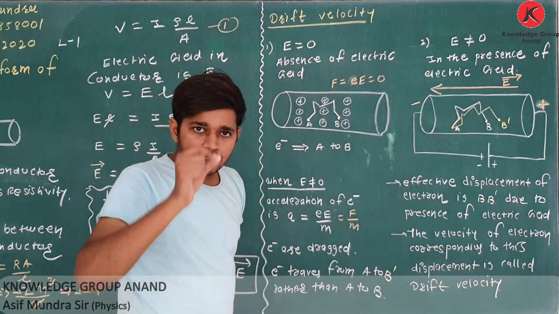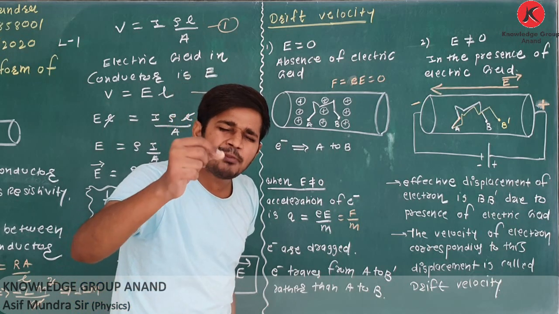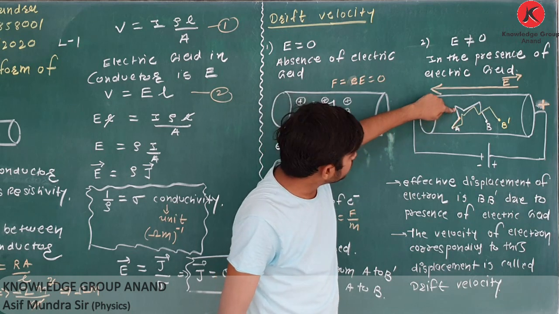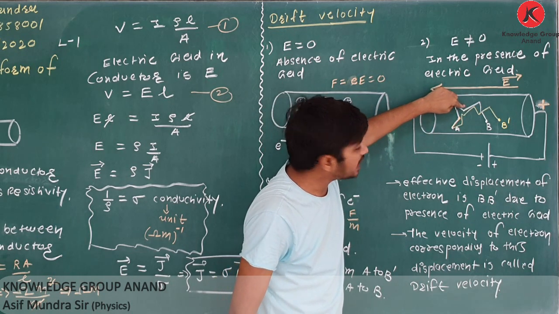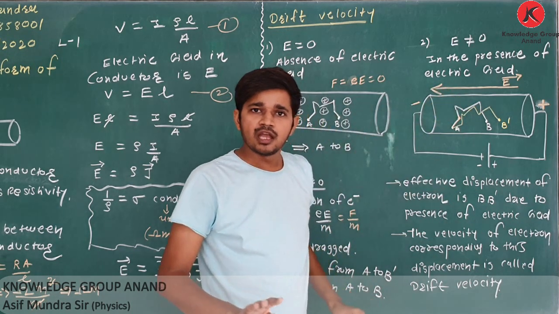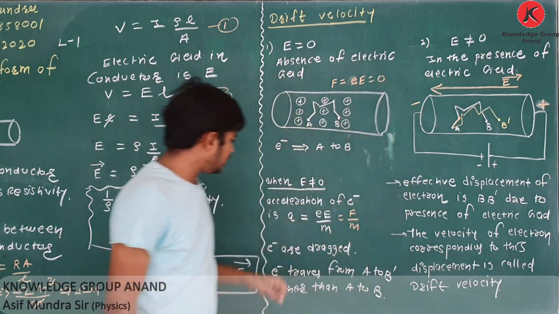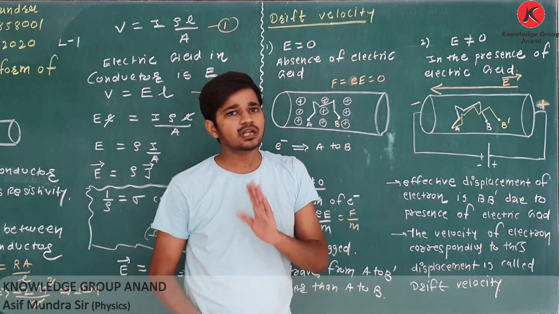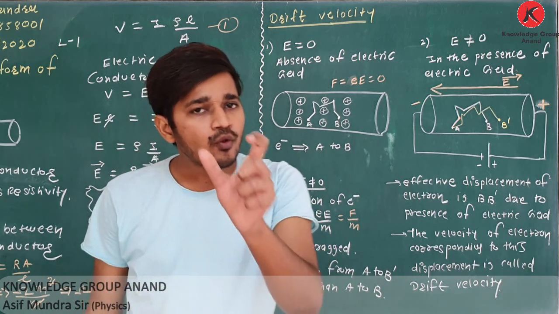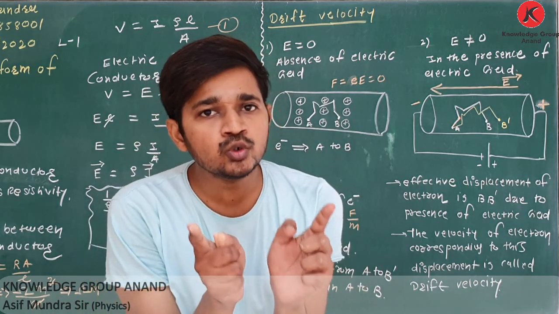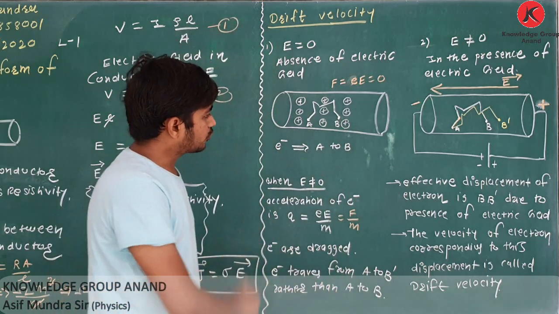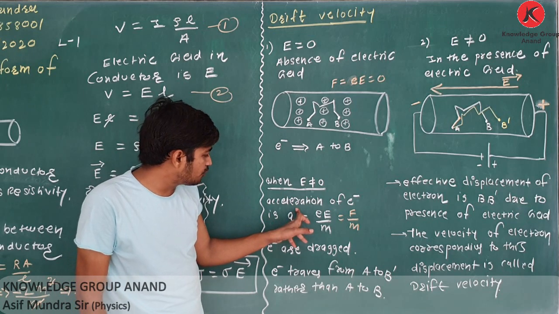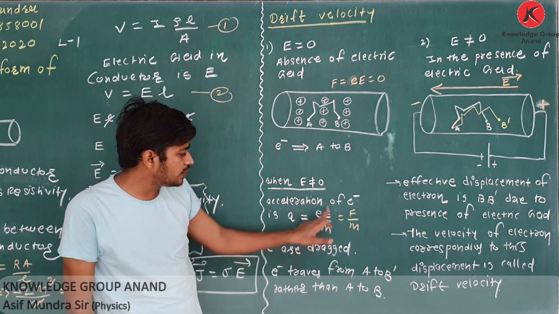At the point of collision, its velocity becomes momentarily zero, and then it will move in another direction. Then it will collide, and move in another direction. Clear about this? During this, its acceleration a = eE/m, but this acceleration is for a very small time, between two collisions. So when electric field is non-zero, acceleration of electron is a = eE/m.